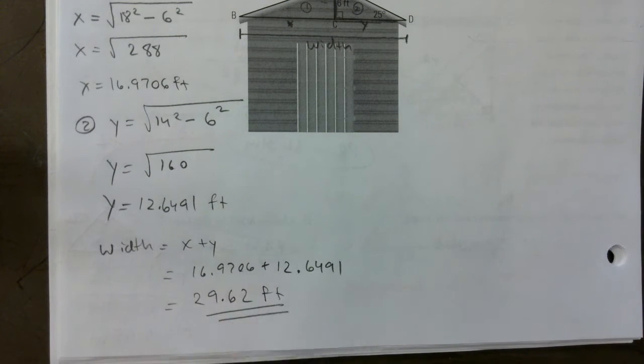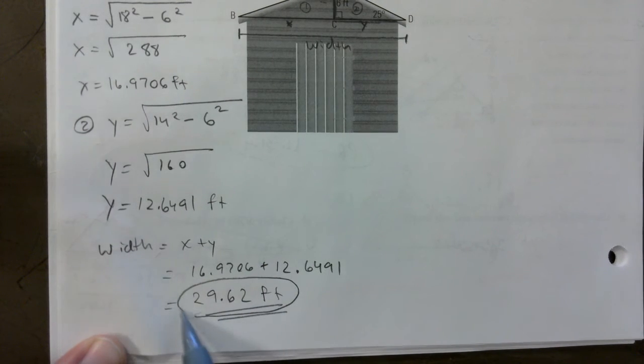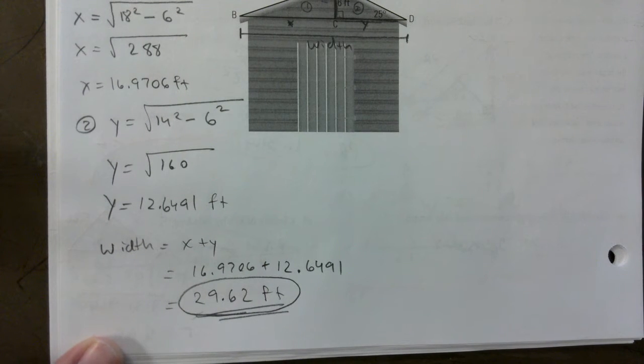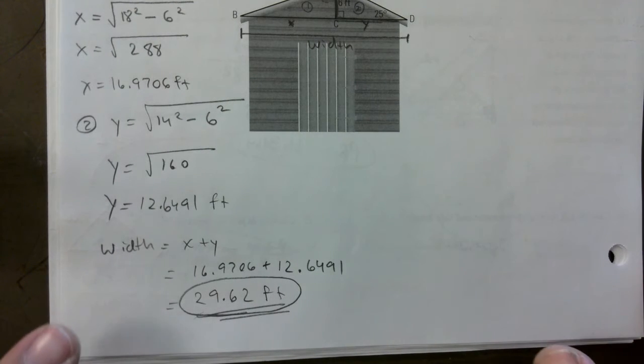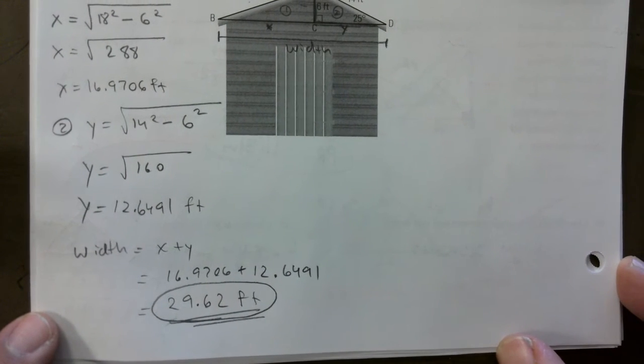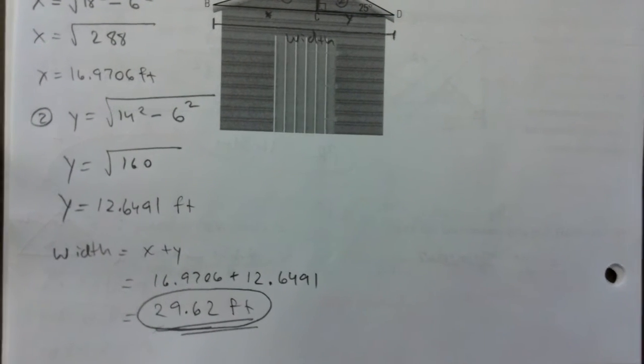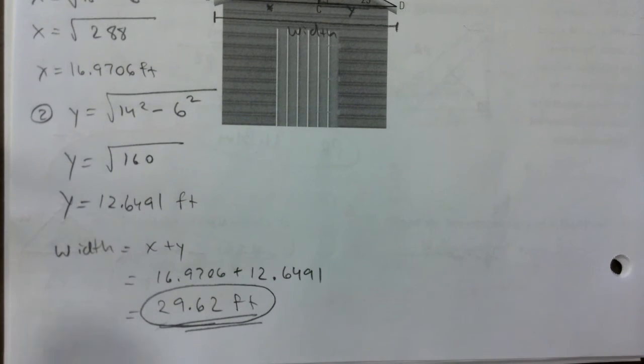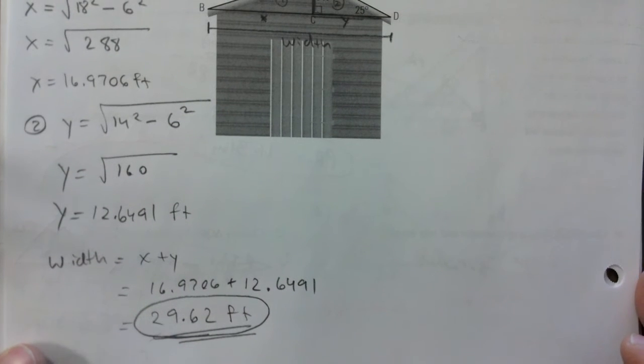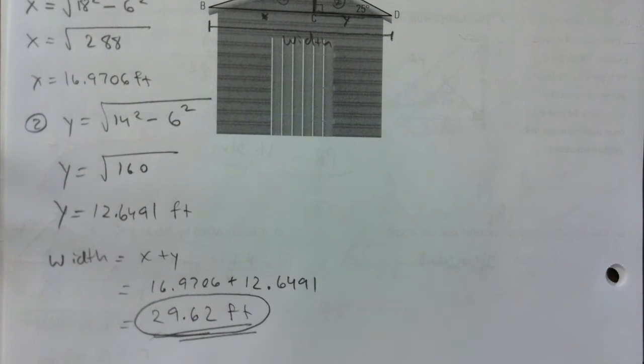If it doesn't affect, I won't take marks off, but if it does, you will lose half a mark there. Let me zoom in a bit here. So this is the answer, 29.62. This answer is A, by the way.